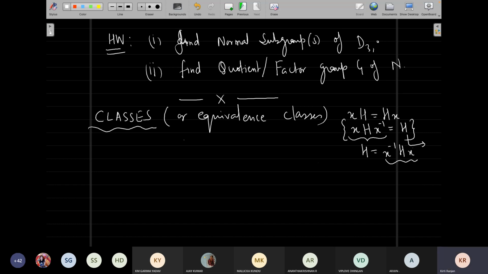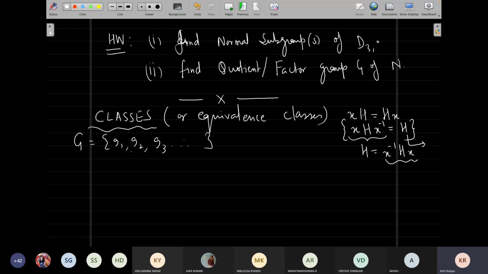Now, how do we define what are called classes? Again, we are talking about classes which will be part of the group. So we are talking about a group and the elements of the group, let's say G1, G2, G3, and so on.